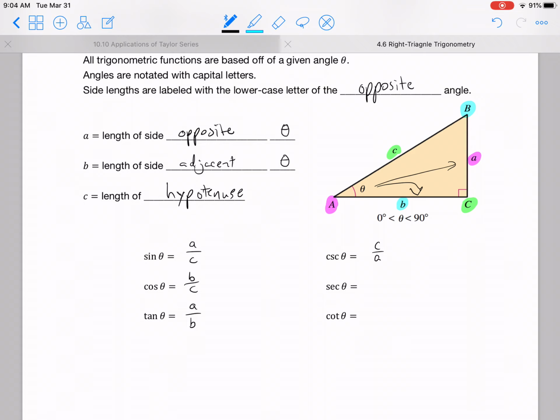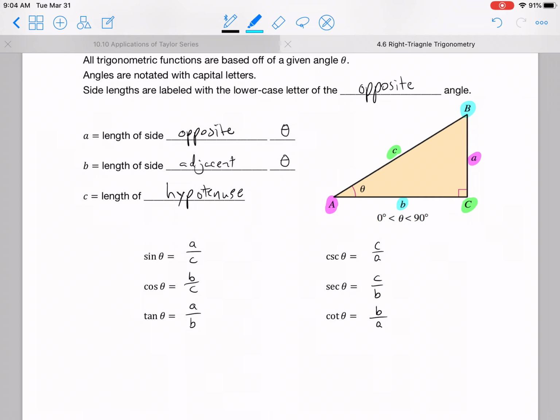And then secant is the reciprocal of cosine, so it's going to be C over B. And cotangent is the reciprocal of tangent, so it's going to be B over A. So I just used the 3 on the left to get the 3 on the right really quickly.